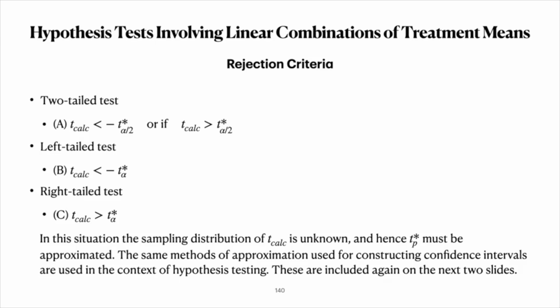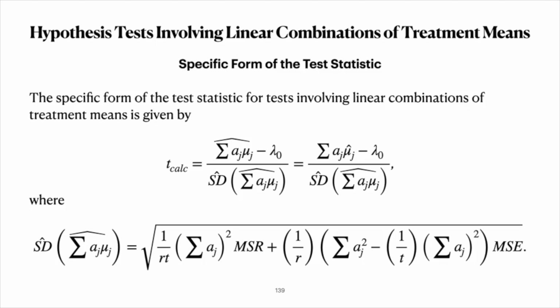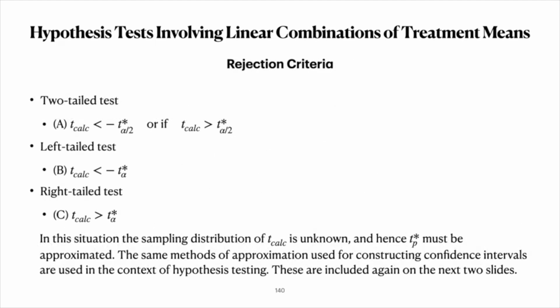The reason is that the estimated variance and estimated standard deviation of the point estimate of the linear combination of the treatment means involves more than one estimated variance component. In this case, it involves the mean square for blocks as well as the mean square error. Because of that, the exact number of degrees of freedom associated with the sampling distribution of t-calc is unknown, and so we're not able to get an exact critical point in that case.